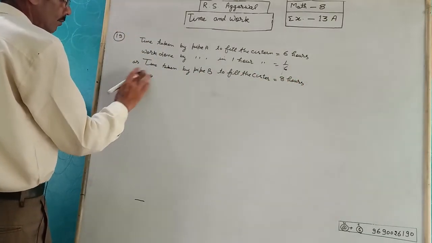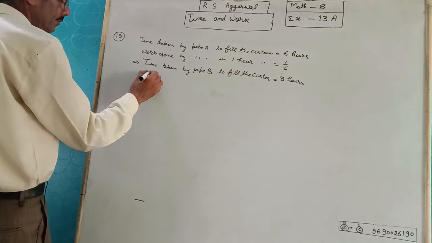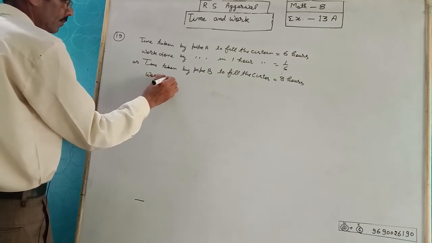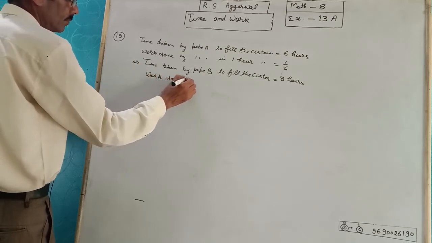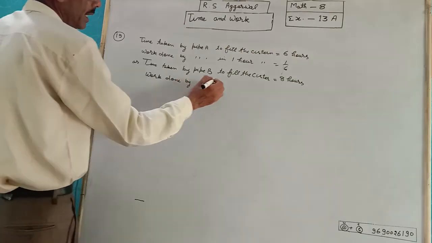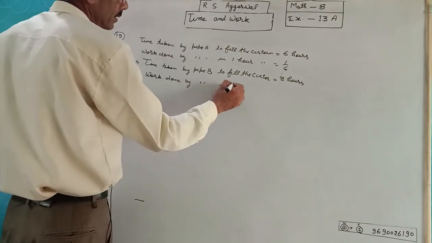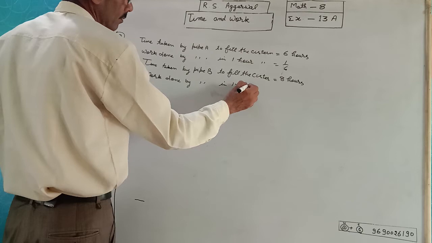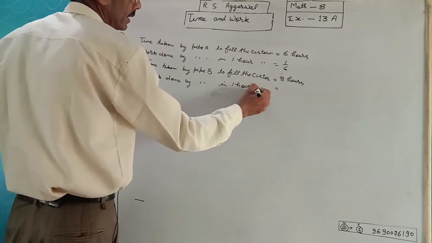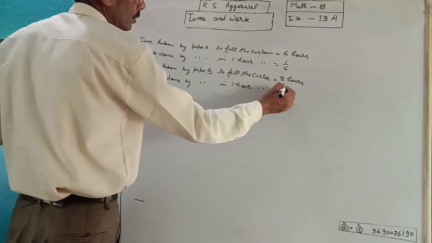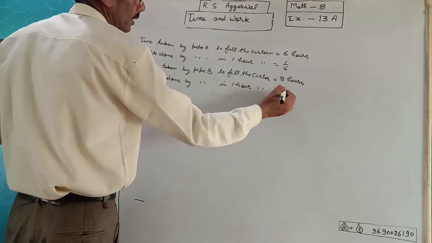Work done by pipe B in 1 hour will be 1 upon 8.